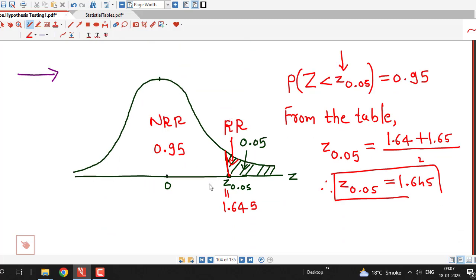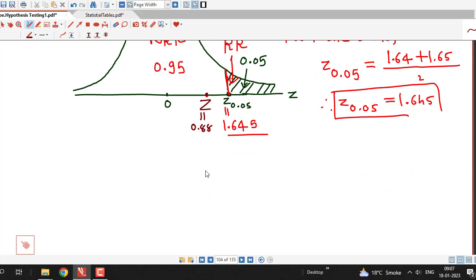So 0.88 is less than 1.645. So it might be somewhere here. We can say that this is the calculated value of the test statistic, 0.88. This means we are in the non-rejection region. So we fail to reject the null hypothesis.